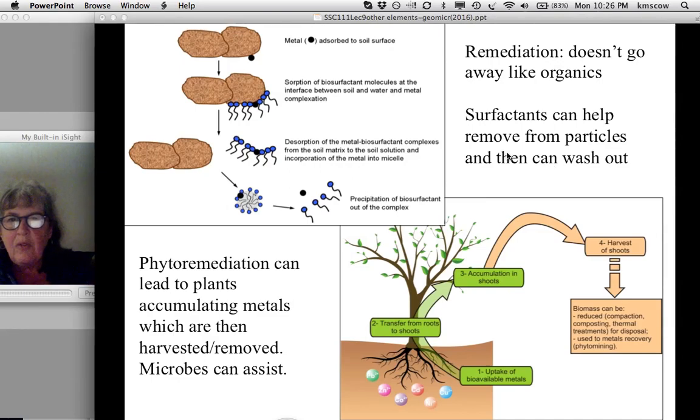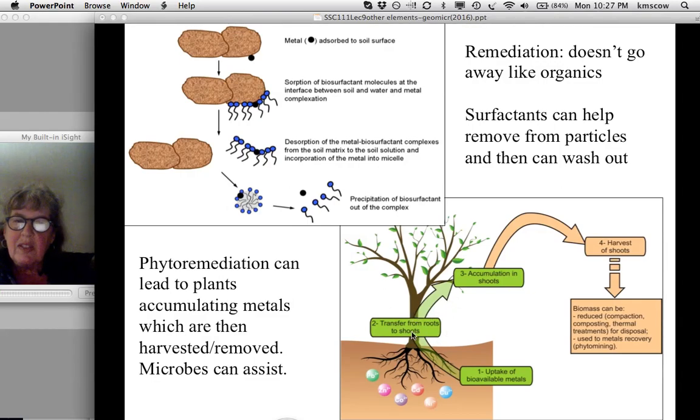And then also phytoremediation, which is plants engaged in some way in remediation of contaminants. That can lead to plants accumulating metals. There's some plants that are really great accumulators, like of nickel or other heavy metals. And then when they accumulate them, the plants are harvested and then, of course, have to be disposed of as well.